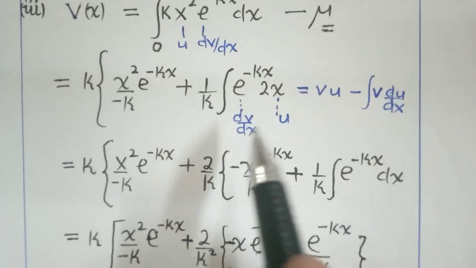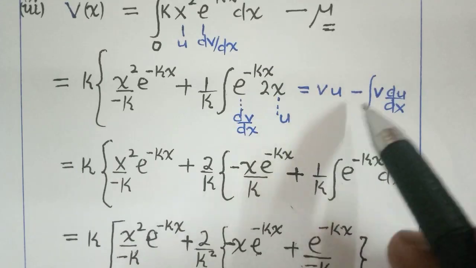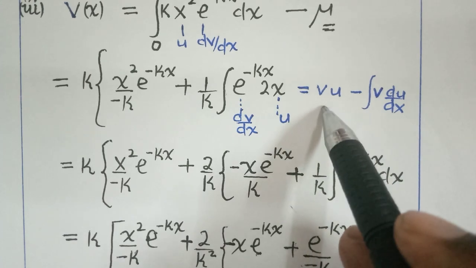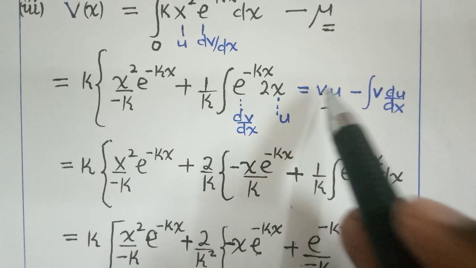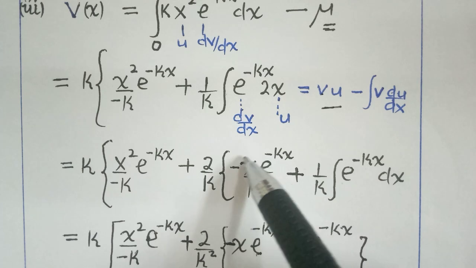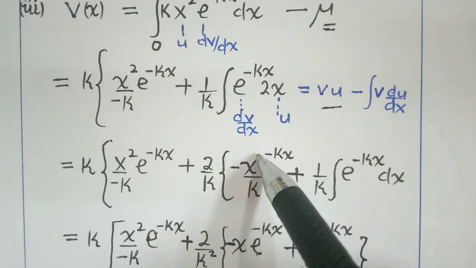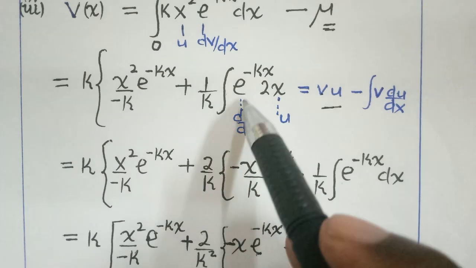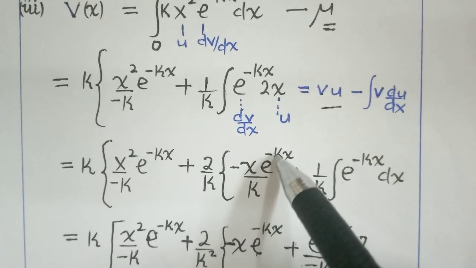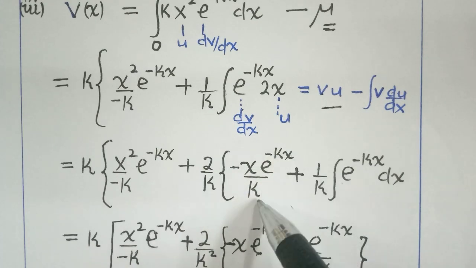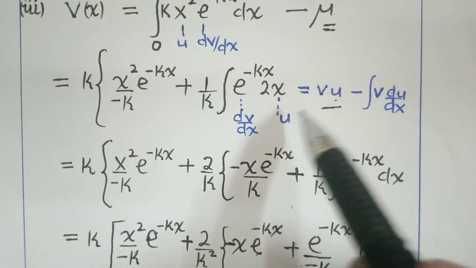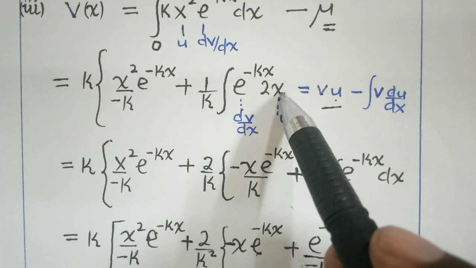When we now do it here, this one is what we are going to get. We are going to replace our v, and our v is here. That is the integration of that, e raised to negative kx all over k. And then we have our u. U is supposed to be x.